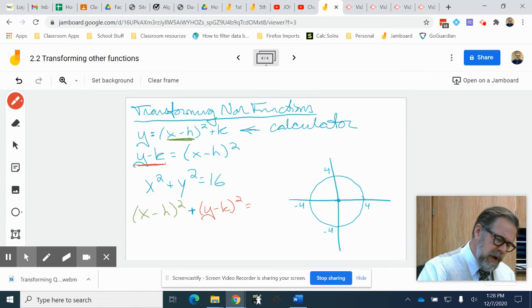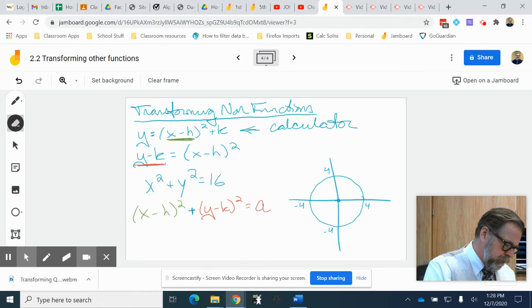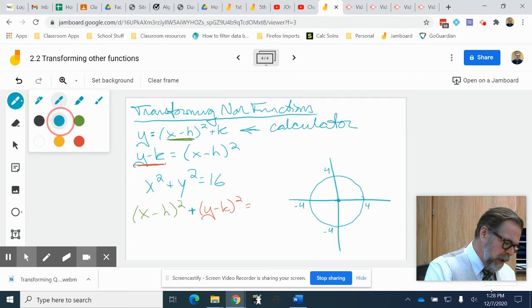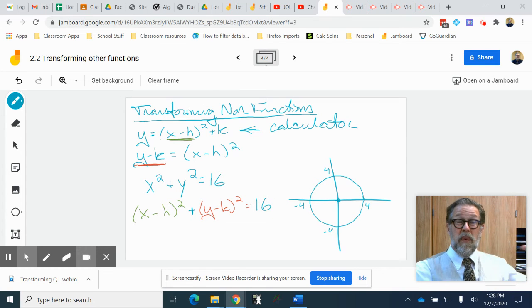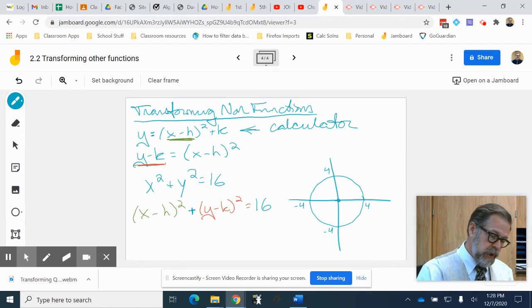So if I'm going to stretch, what I've got to do is change the radius. Actually, you know what? I'm just going to leave this a circle of radius 4. If you want to stretch it or compress it, you're just going to change that r squared term in the circle.